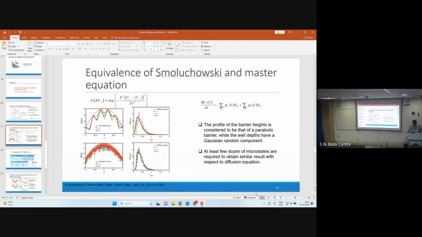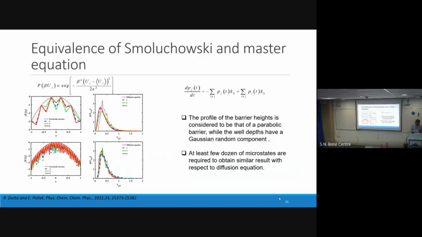Different realization means, if you see this 5-microstate model where blue, green and red are used, the top touches the barrier, a smooth parabolic barrier, which is minus half kx squared, where however the depths of the wells are different, or random. The random depths of the wells are chosen using a Gaussian random number generator.